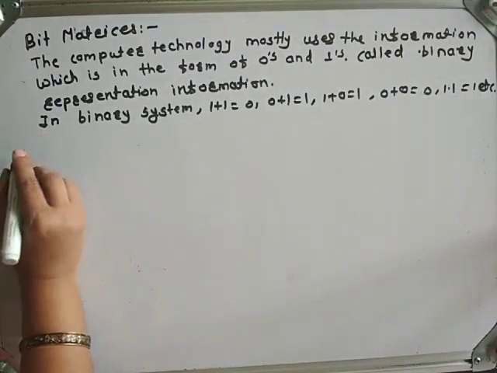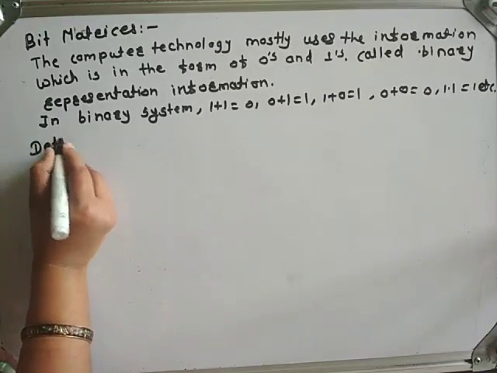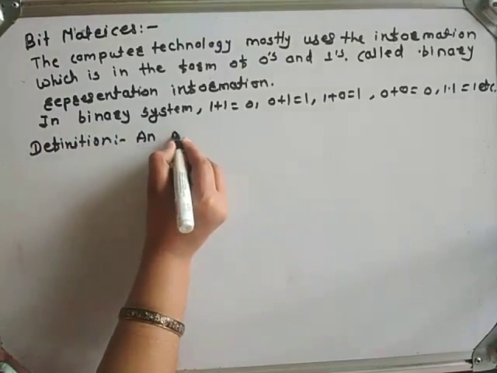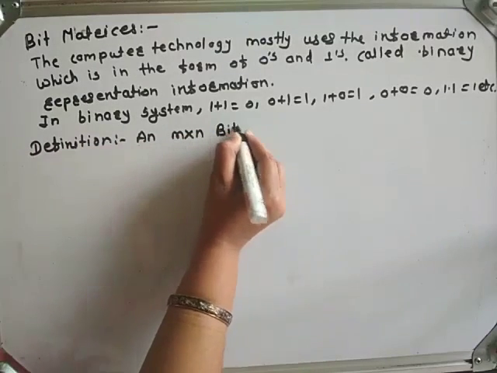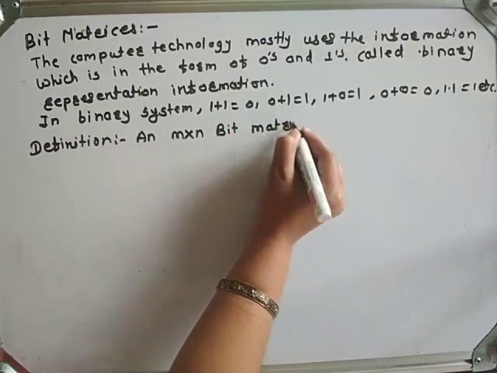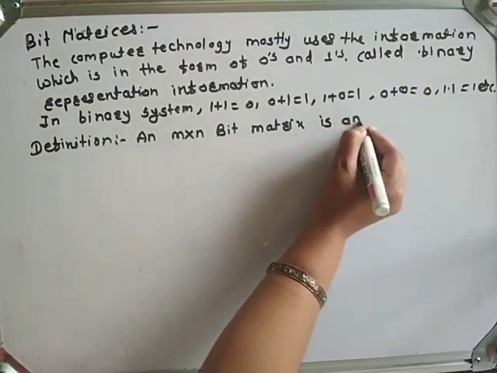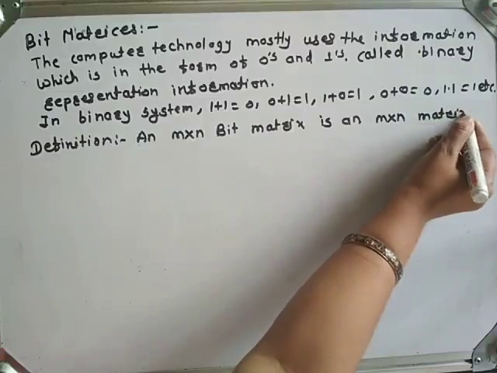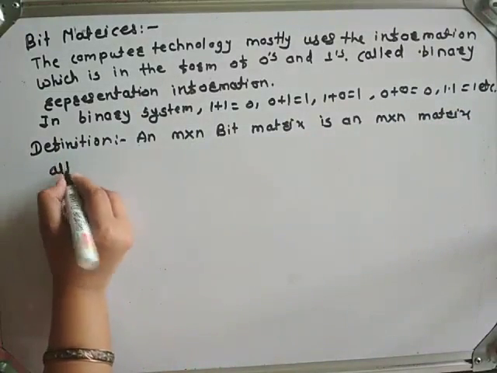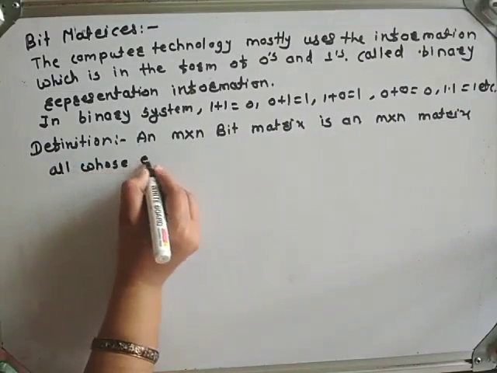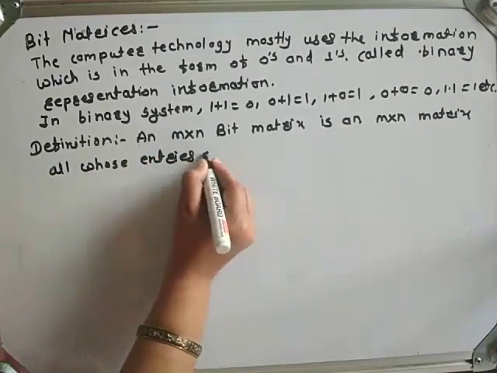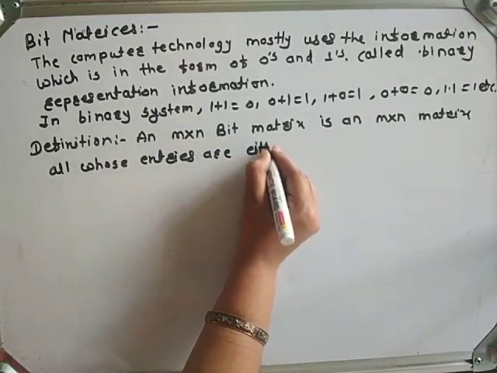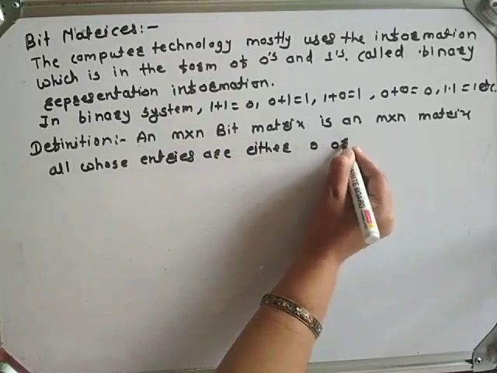Let us see the definition of bit matrix. Definition. An m by n bit matrix is an m by n matrix all of whose entries are either 0 or 1.